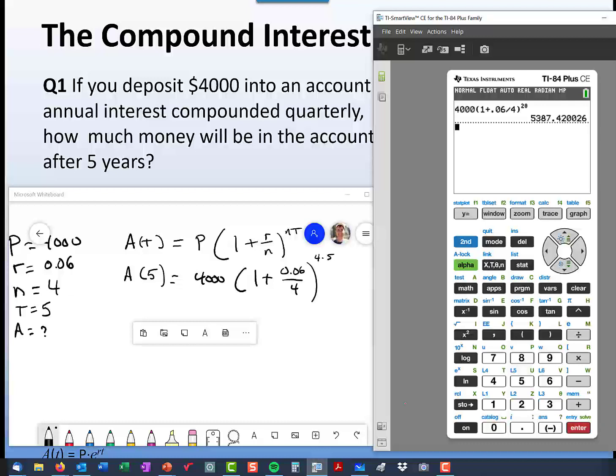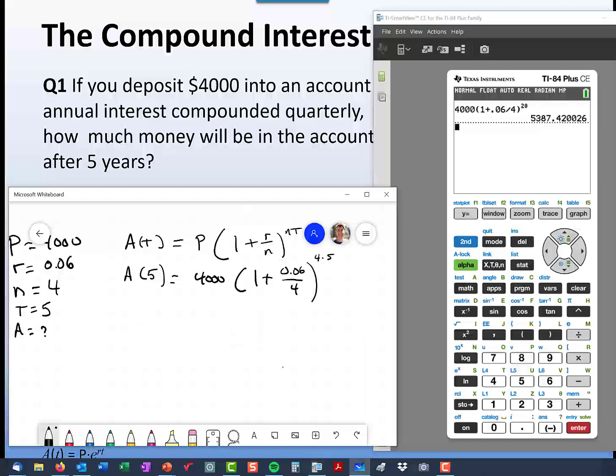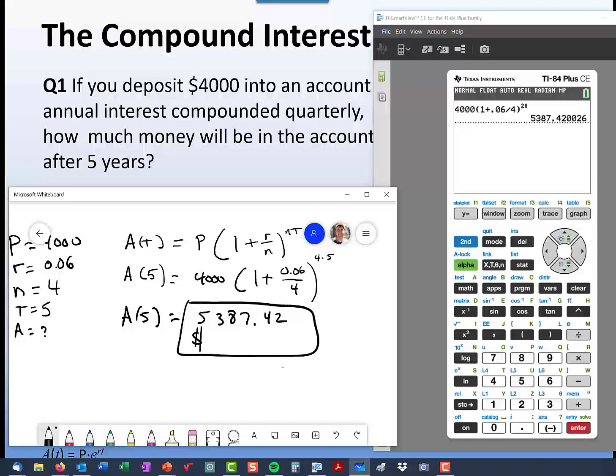And so the amount of money after 5 years became $5,387.42. So that's not a bad return after 5 years of having your money in the account. Okay, I've got 2 more, but I'm just going to do 1 more.